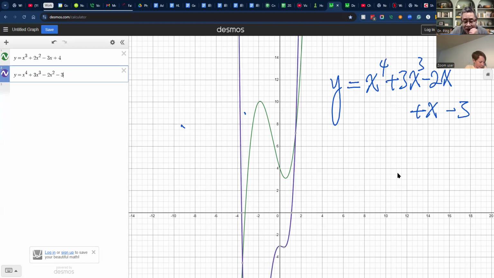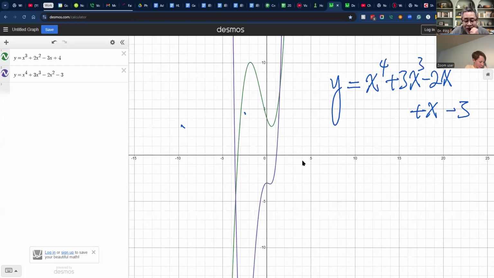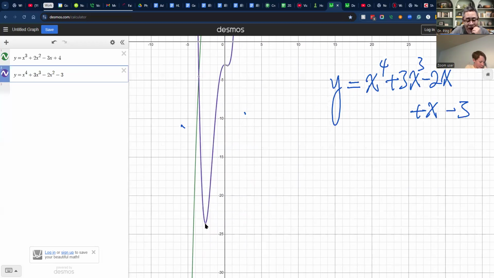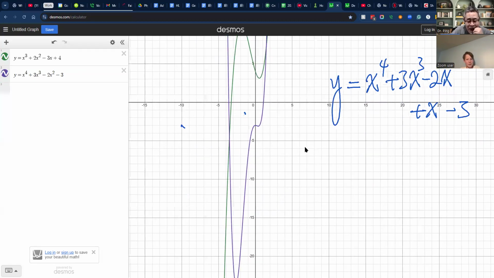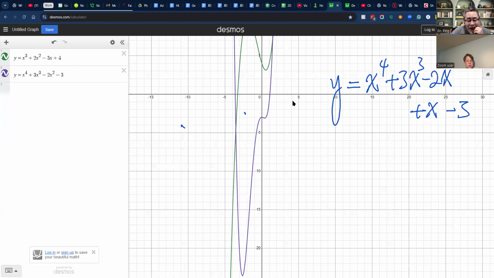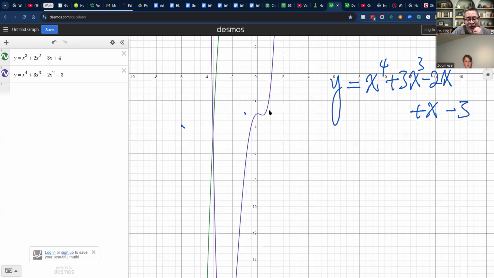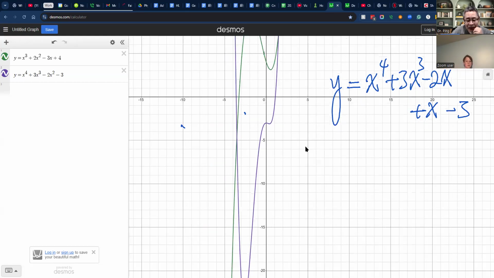Okay, let's see. Now we can see this function has a vertex point here, and we've got one turn here, and here we almost made a longer turn. And down here, it looks like we're going to have another turn.